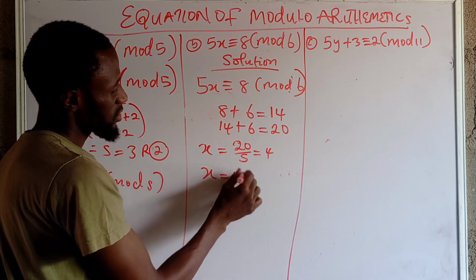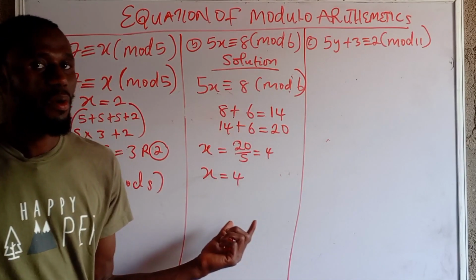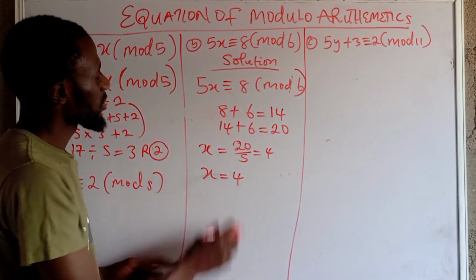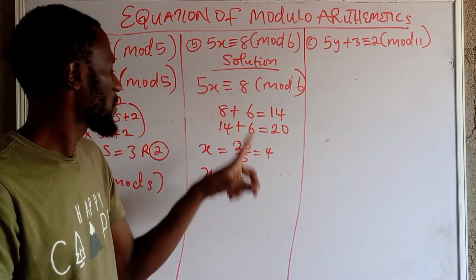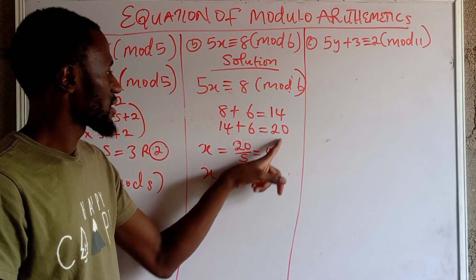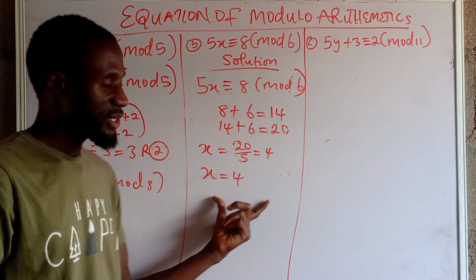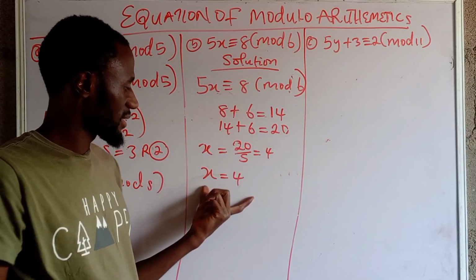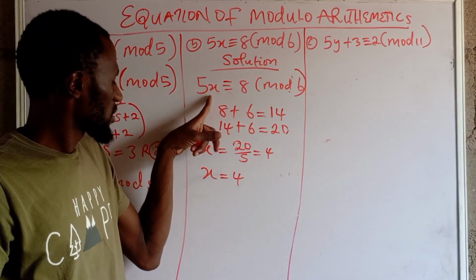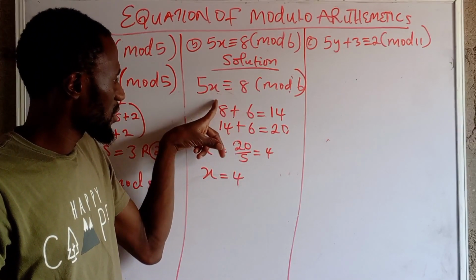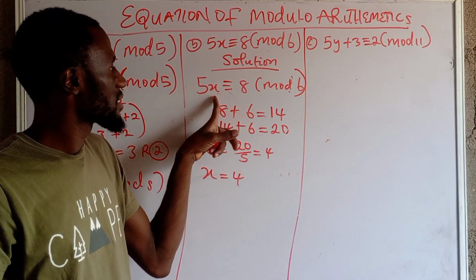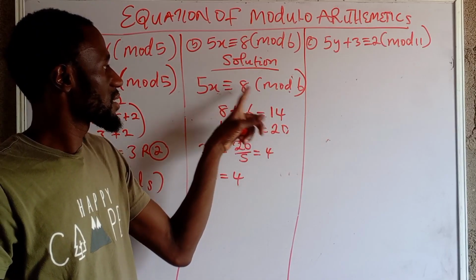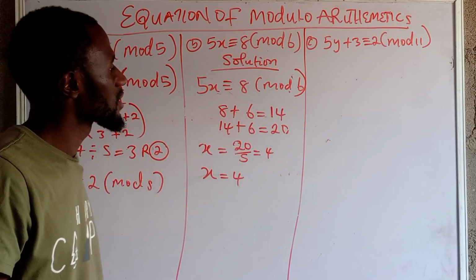Therefore x is equal to 4. As simple as this. If you multiply 5 times 4, you get 20, which is equivalent to 8 mod 6. We just follow it step by step, not because we cannot jump into the number directly.